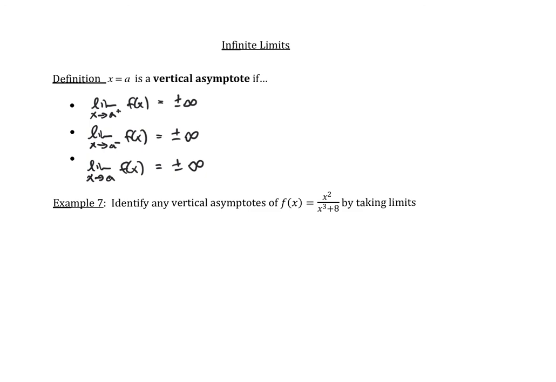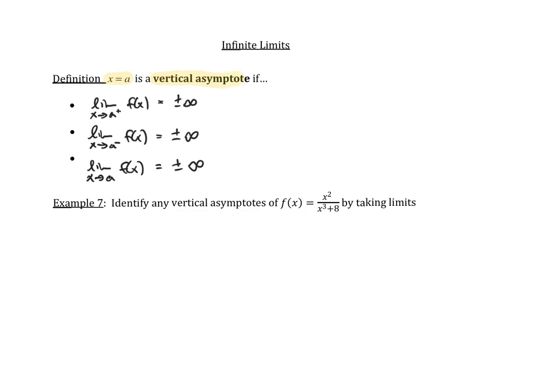Okay, so these 3 situations pretty much correspond to the situations that we described earlier on this lecture note worksheet. So x equal to a is a vertical asymptote.